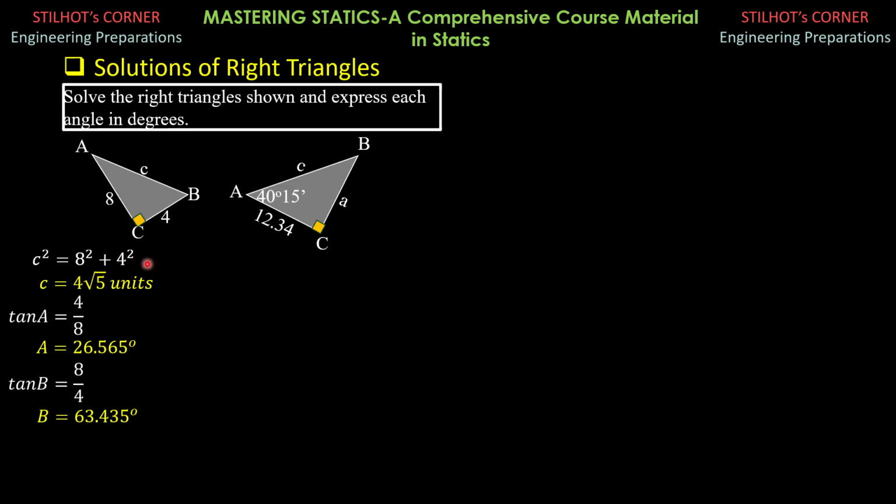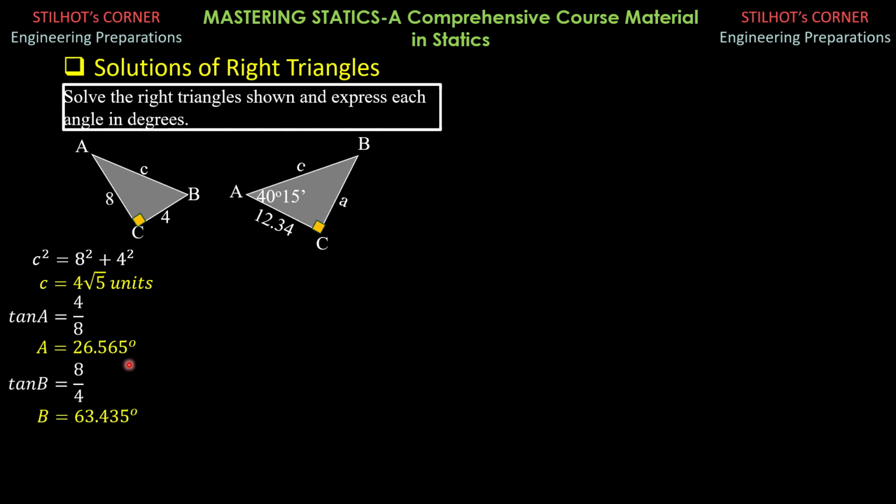because we already used this to solve for angle A, involving C, you may use sine of angle A is 4 over C, and C is 4 square root of 5. Then you may solve angle B by sine of angle B is 8 over C to involve C. Then check if angles A and B add up to 90 degrees.